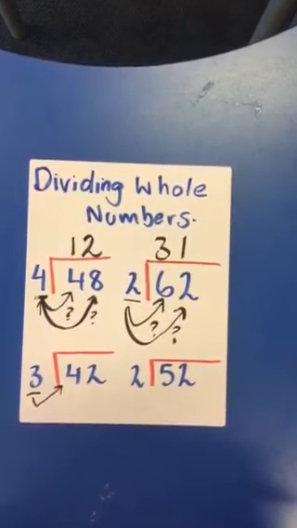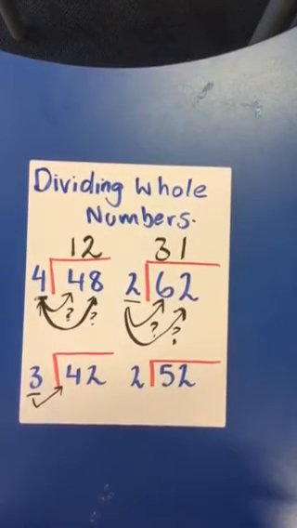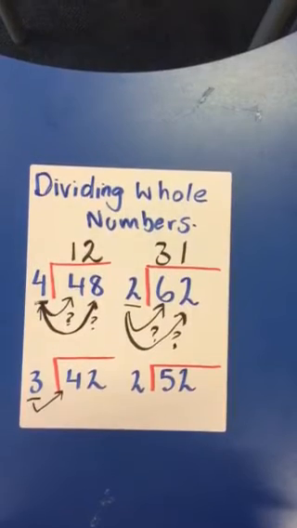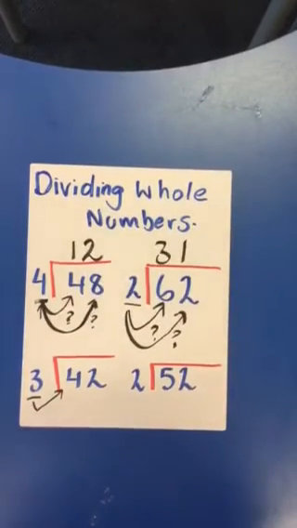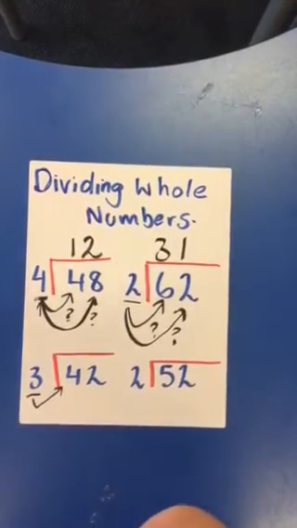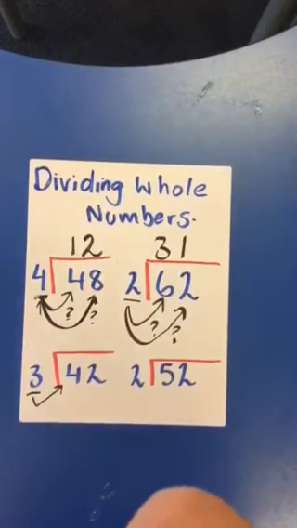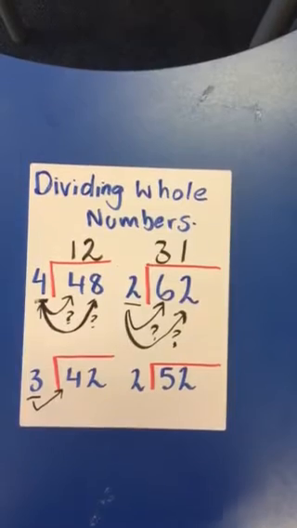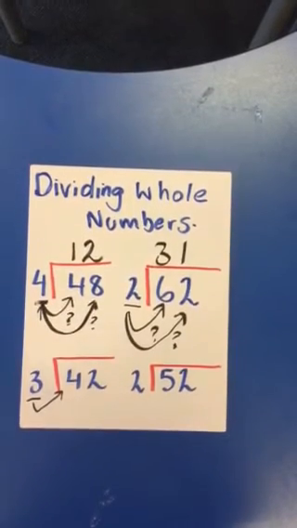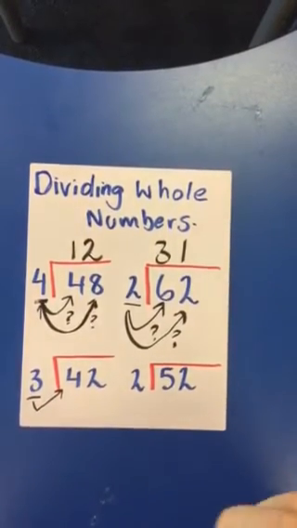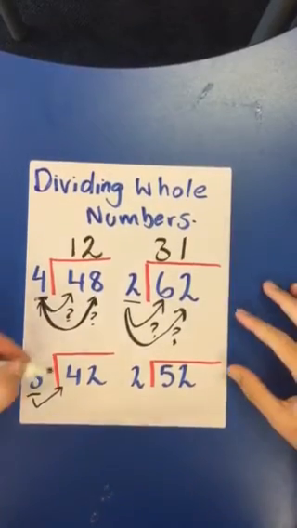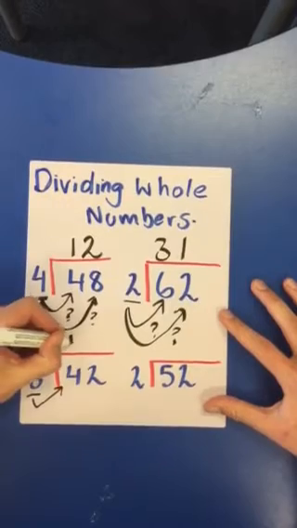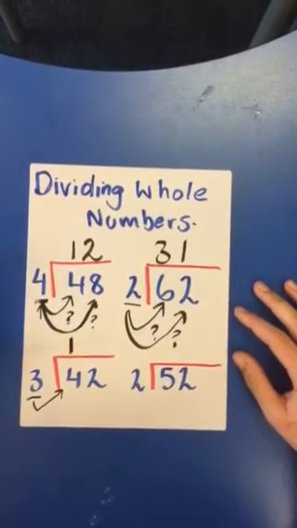Okay, 3 fits into 3, it fits into 6, it fits into 9, it fits into 12, it fits into 15, 18, 21, 24, 27. I'm doing my 3's times table there. 3, 6, 9, 12. 3 fits into those numbers evenly, but it doesn't fit into 4 evenly. So it fits into 4 once, but not evenly.